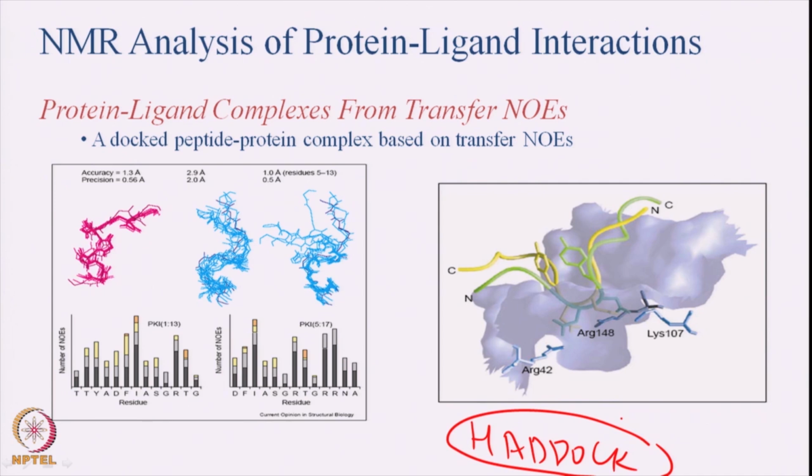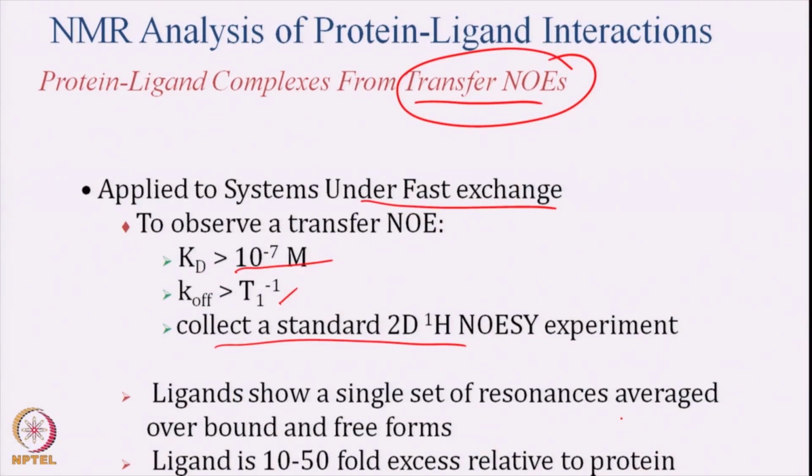To sum up what we have here, I showed you STD, which can give you the binding strength, like Kd, and also the group binding epitope. You can do that quickly, but STD is not the only method. Another polarization transfer based method for ligand protein interaction is transfer NOE. In transfer NOE, we look at the NOESY spectrum of the ligand if it is in exchange with a protein in the complex form.